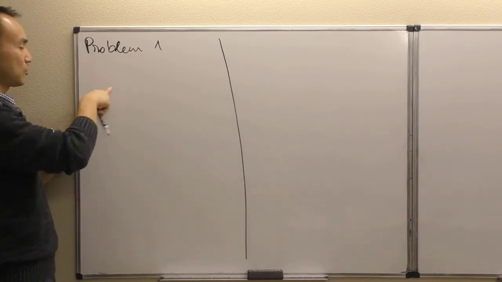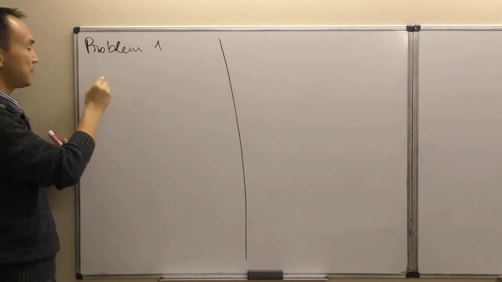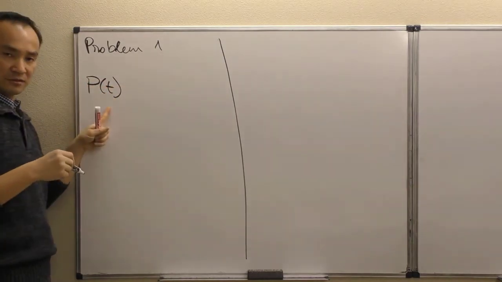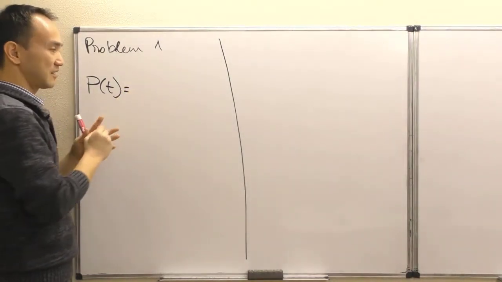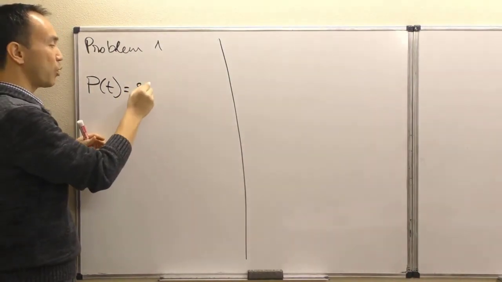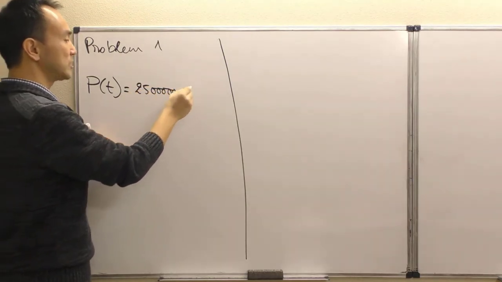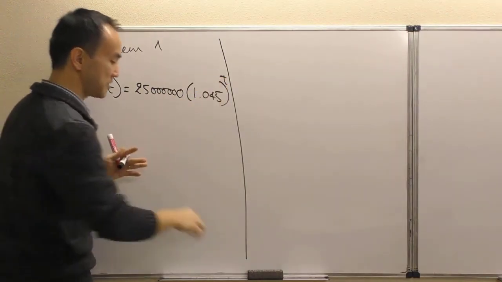So the quantity there was a population. The population in t years, this is what we have already formulated, will be 25 million multiplied by 1.045 to the t.